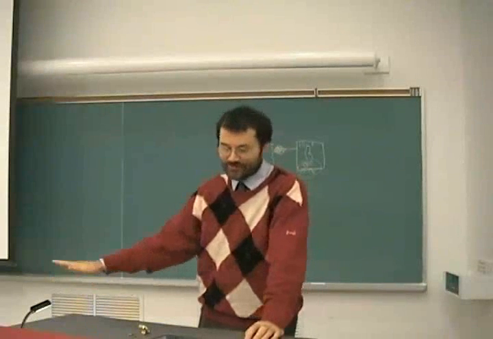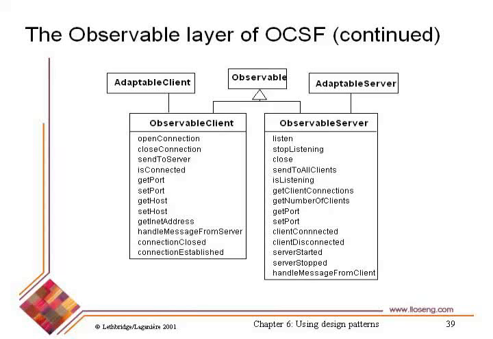Big fat diagram here. All I'm showing in this diagram is that I'm implementing a whole bunch of stuff in my observable client. Okay, so I have a whole bunch of stuff in my adaptable client.